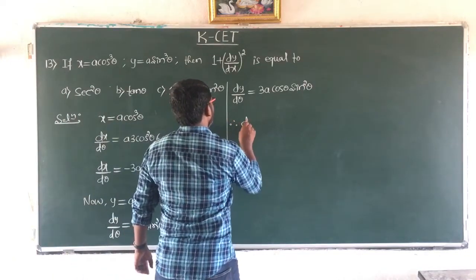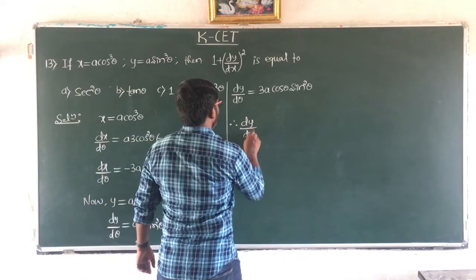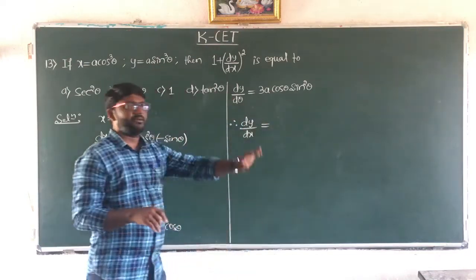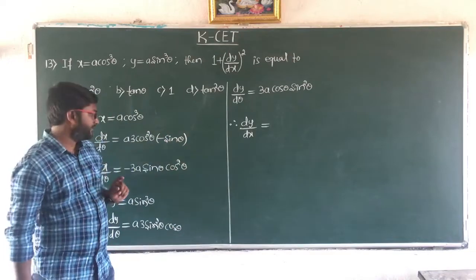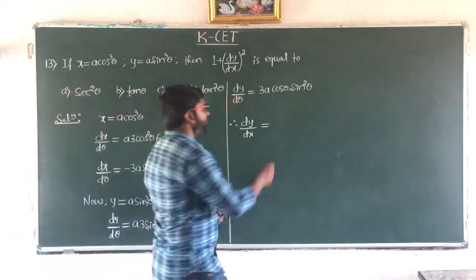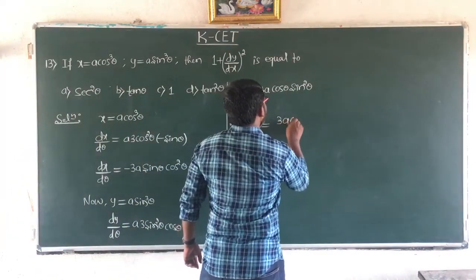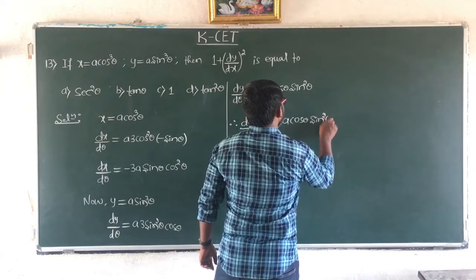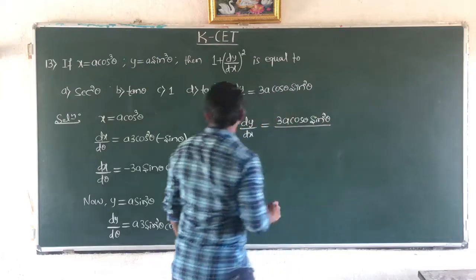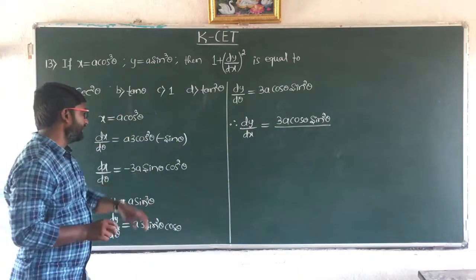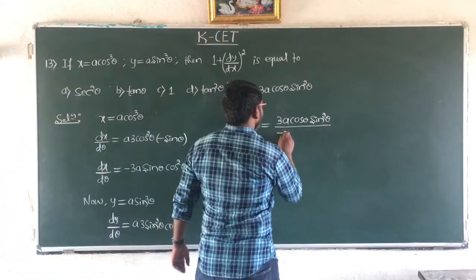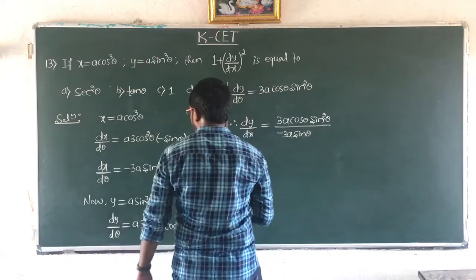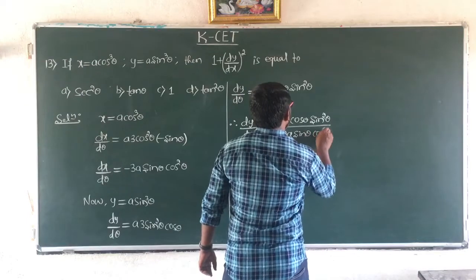So now we have to go for dy by dx by chain rule. Therefore dy by dx which is equal to, what is the formula now? Dy by d theta whole divided by dx by d theta. So I substitute dy by d theta, 3a cos theta sin square theta, then whole divided by dx by d theta, it is minus 3a sin theta into cos square theta.